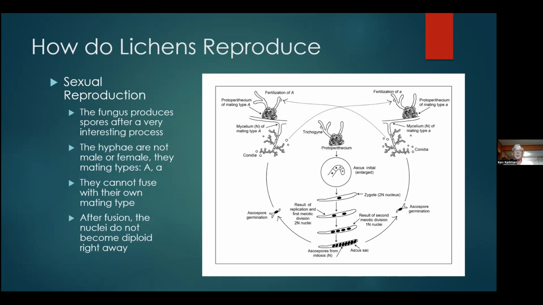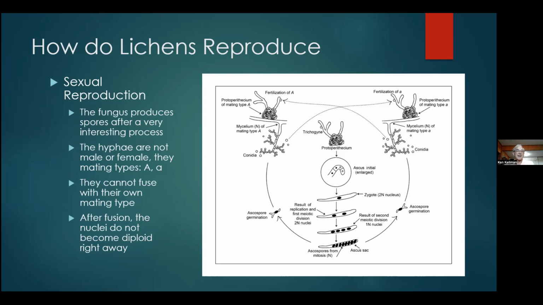And again, that cell with two nuclei stays around for a little bit. At some point, those two nuclei fuse and a zygote is formed. And then we go through the process of meiosis, and eventually you end up with spores with only one set of chromosomes.